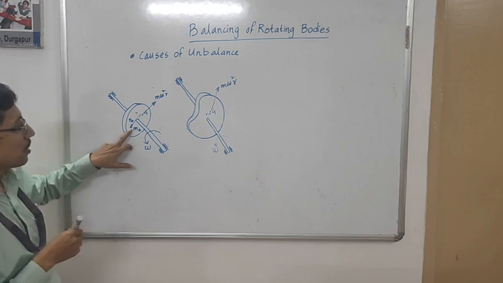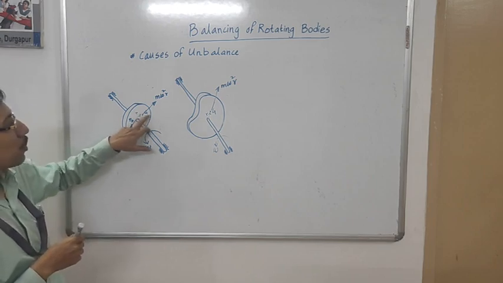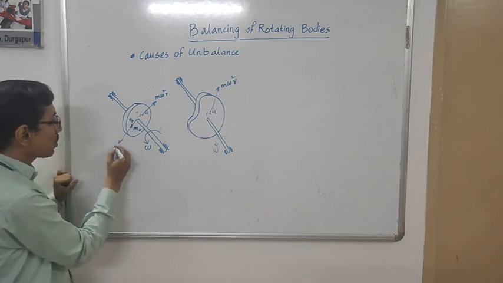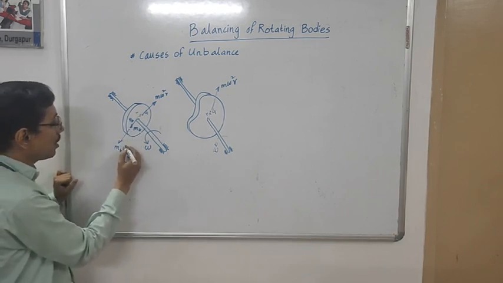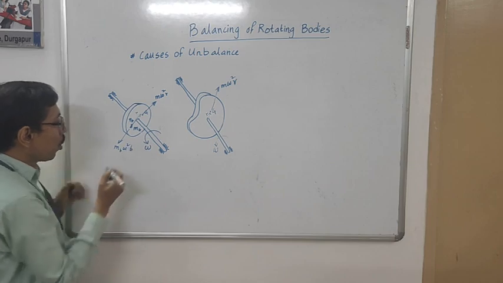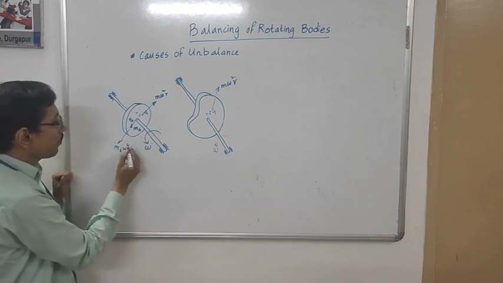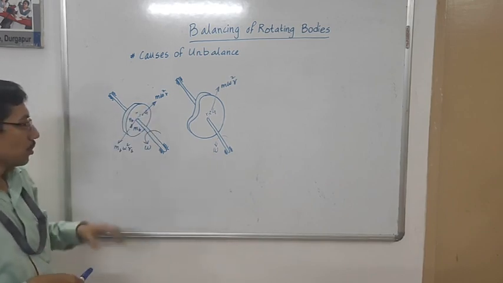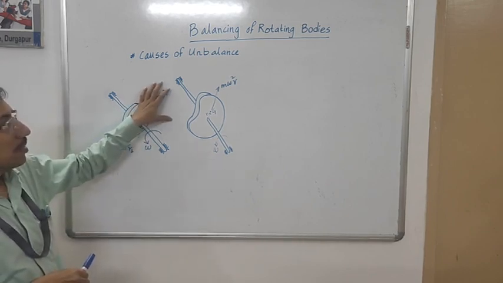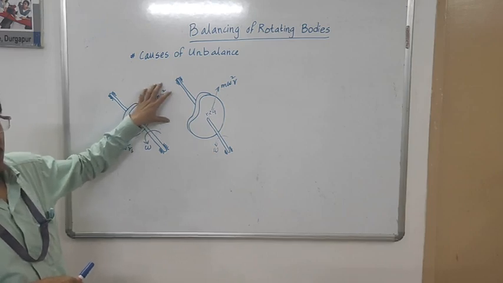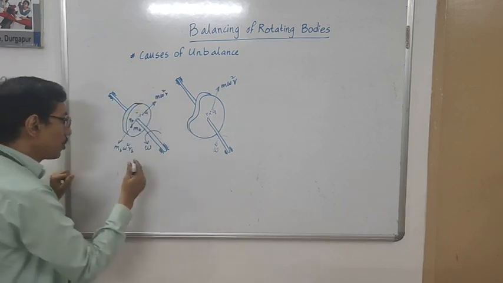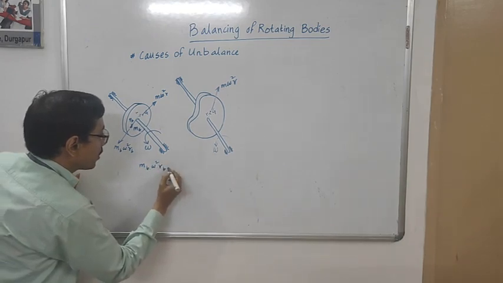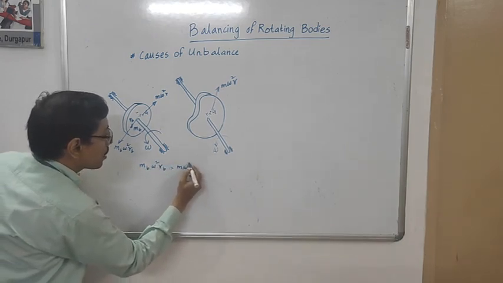But since we place this mass mb diametrically opposite to this mass m, it will experience a centrifugal force which is radially opposite to the unbalanced force. So this would balance this unbalanced centrifugal force, and here we can then write mb omega square rb equal to m omega square r.